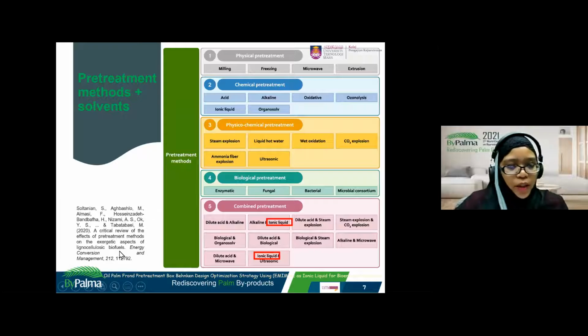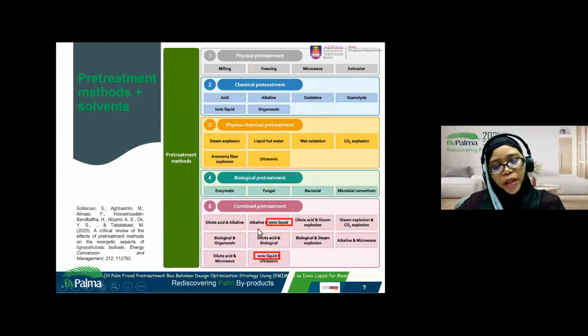Sultanian and co-authors in 2020 presented many kinds of pretreatment processes as shown on the slide, including the solvents used. What we would like to share with you today is the combined pretreatment, combining the various types of pretreatment with the ionic liquid, which is assumed to be a green solvent.